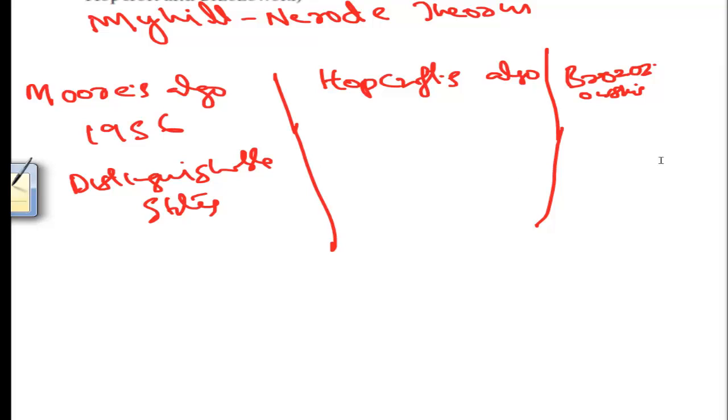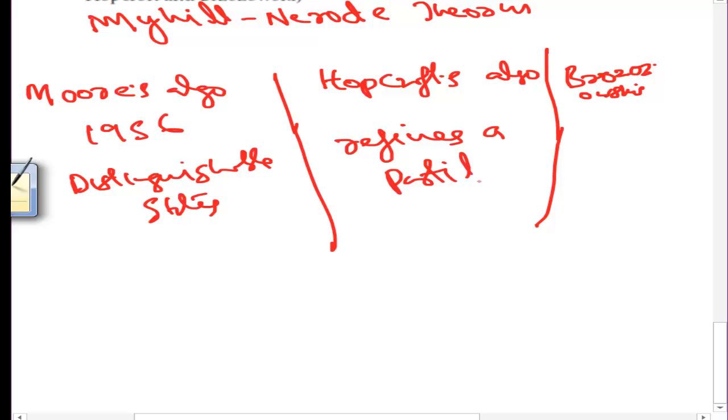And the Hopcroft, on the other hand, computes the minimal automaton by refining the partition. It first creates two partitions. One is the final states, and the other partition is the non-final states, and then it starts refining until it gets the minimal DFA. Okay.